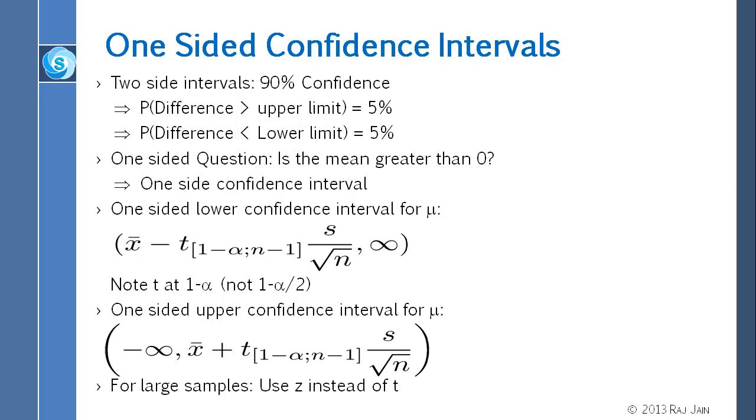If you want the lower side, then you put all of alpha on the lower side. So instead of alpha by 2, you have alpha. When you want 90% one-sided, you put 0.9, not 0.95, so you don't divide by 2. Similarly, if you want the upper side, then you put plus, and then you leave it there.